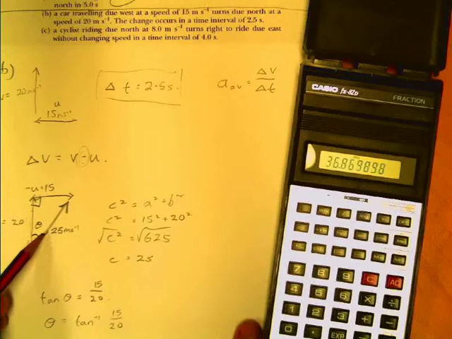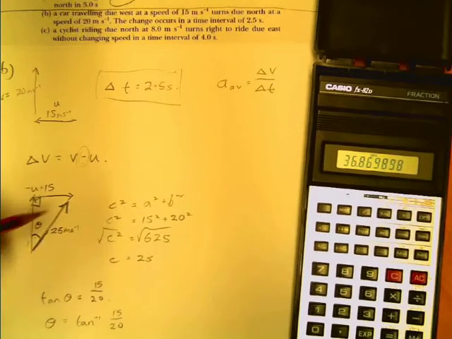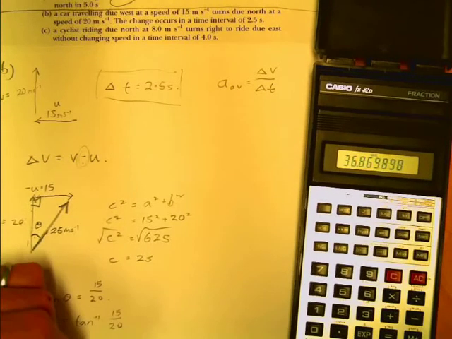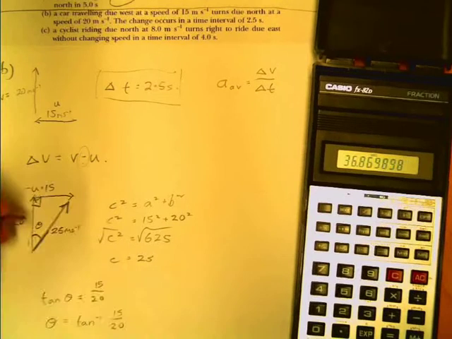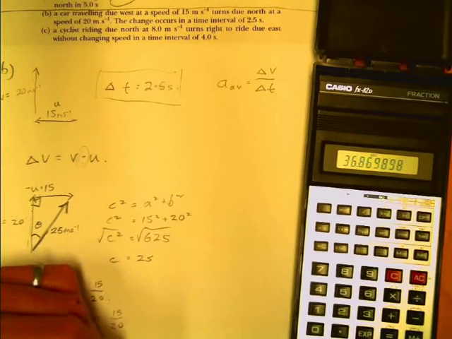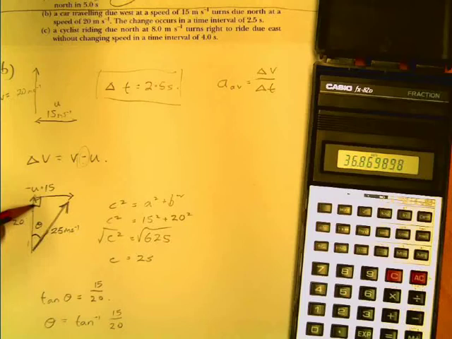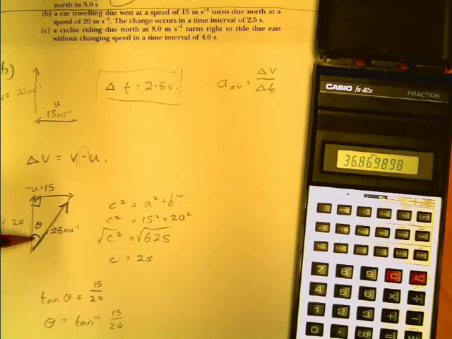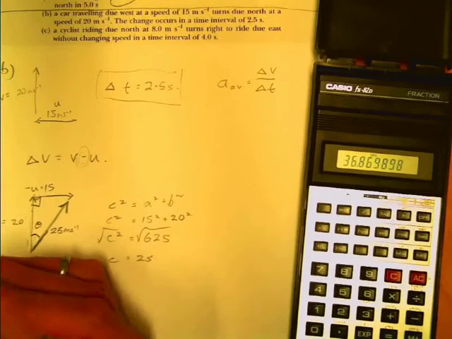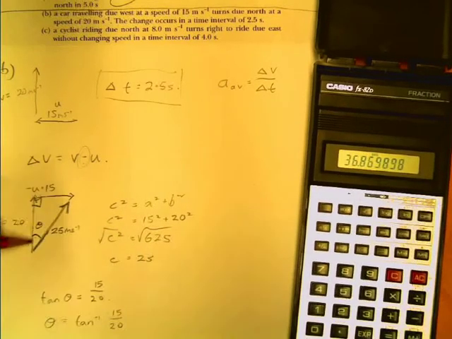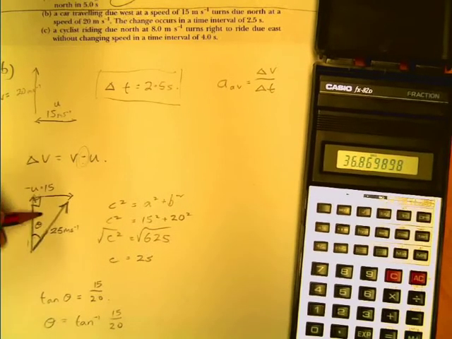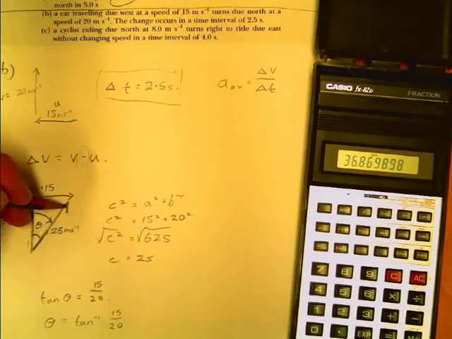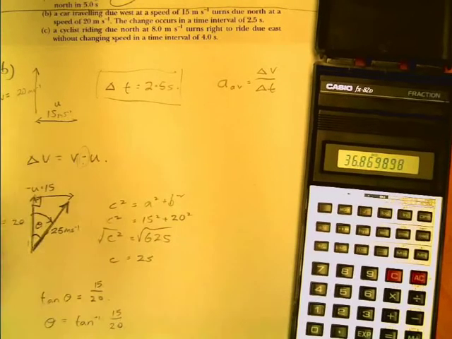So our change in velocity is 25 metres per second north, 37 degrees east. Yes, that's where you'll find it.